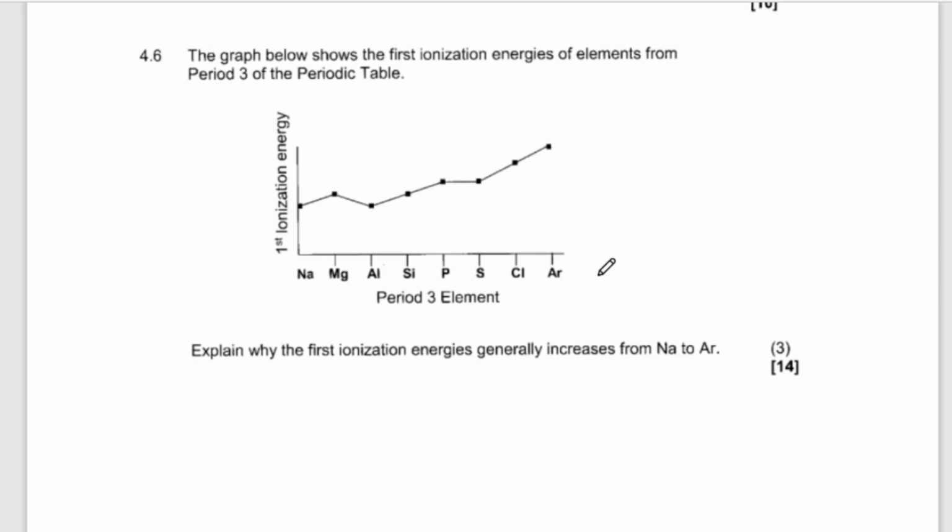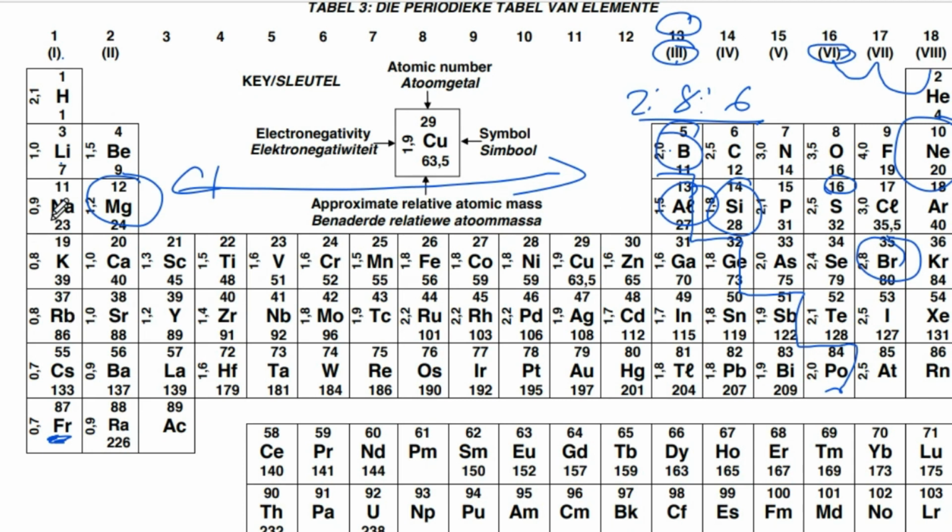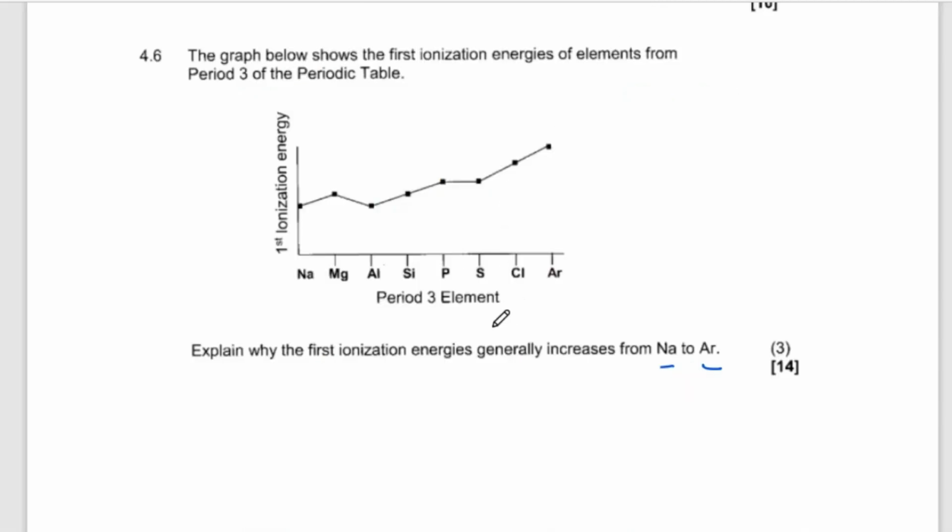Then ionization energy. Explain why the first ionization energy generally increases from sodium to argon. This is the same period, meaning sodium, magnesium, aluminium, silicon, phosphorus, sulfur, chloride, argon. So why does ionization energy increase? It is because of the decrease in the atomic radius.